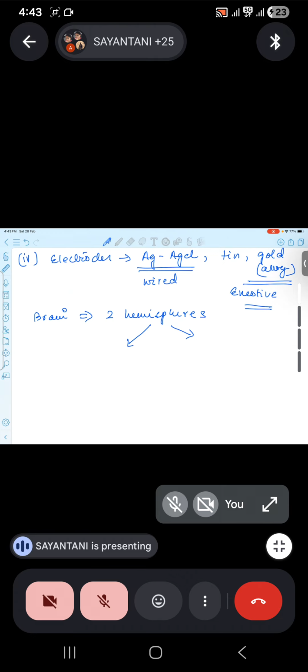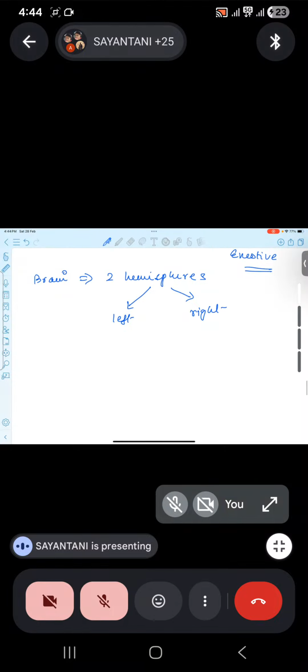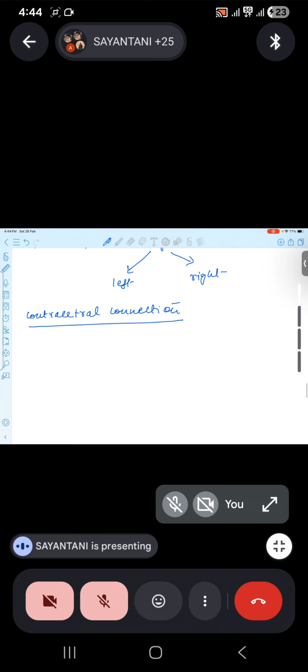Right. So the brain is composed of two hemispheres. Of course, you are familiar with it. We have the left hemisphere and the right hemisphere. Now, one important characteristic of the human brain is the contralateral connection. Whenever you try to move your left hand, the right side of your brain is activated.